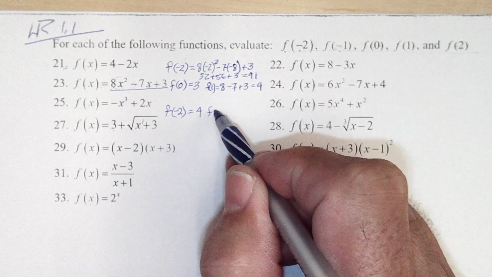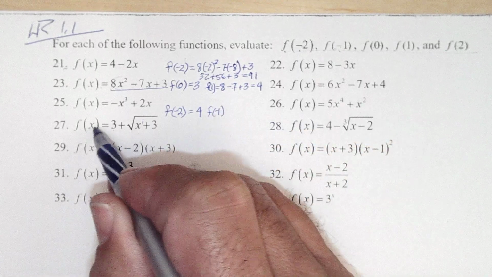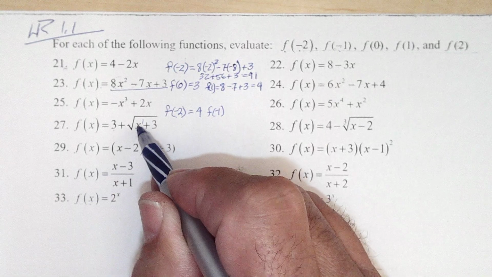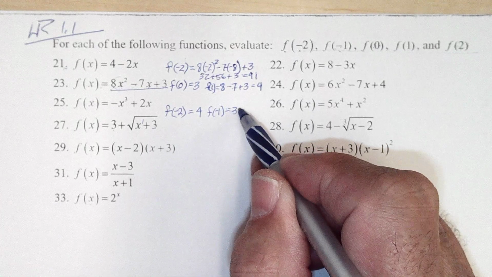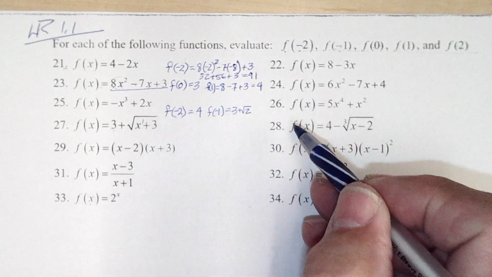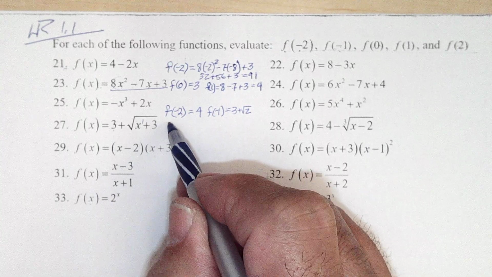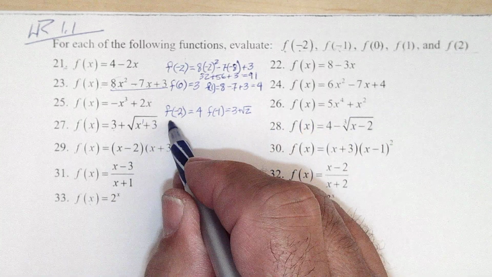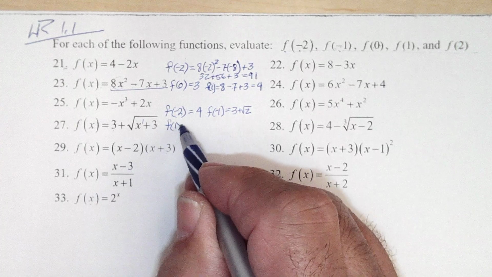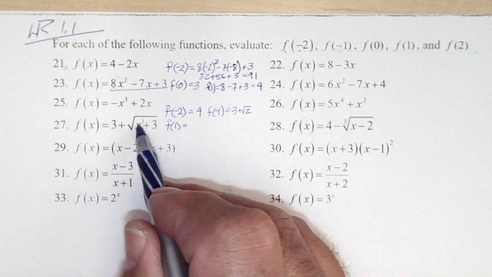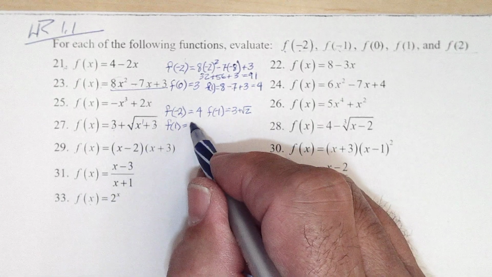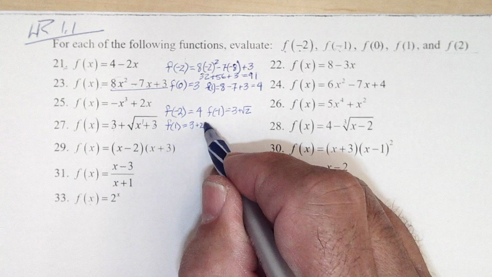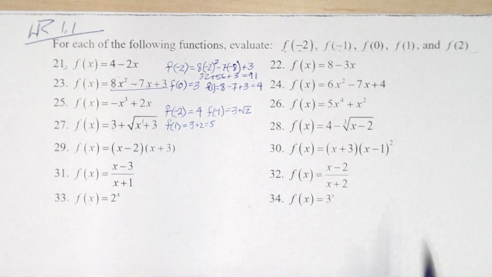So f of minus 1 in this case, putting minus 1 in for the x's, I get 3 plus the square root of 2. And if I put in, oh, let's say 1, f of 1 would be 1 plus 3 is 4, square root of 4 is 2, 3 plus 2 is 5. And I'm hoping that gives you an idea of what's going on.